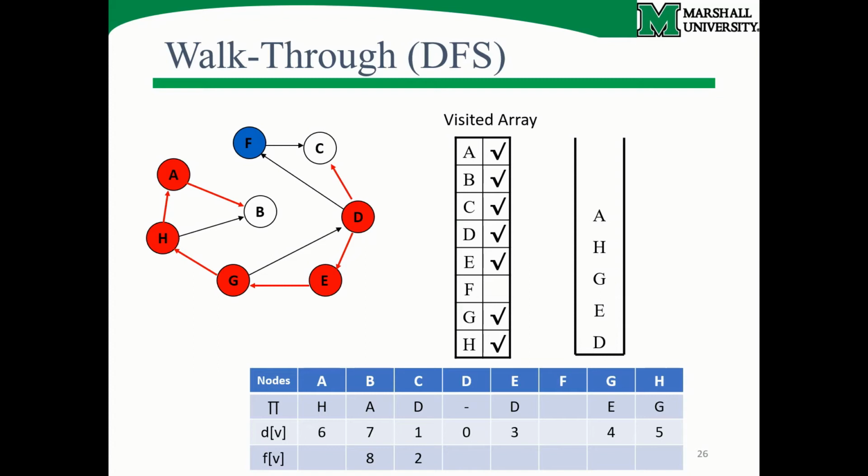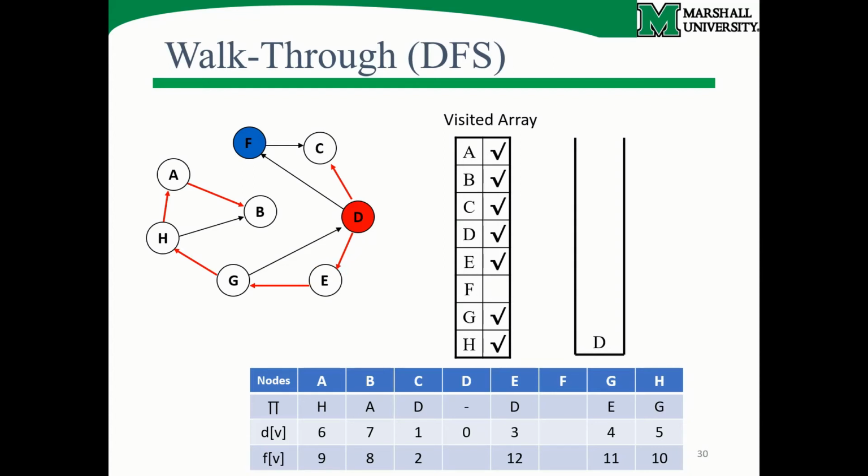Then we will go back to A. There are no other nodes that are adjacent to A, so we will finish processing A at time 9. Similarly, H at time 10, G at time 11, E at time 12.